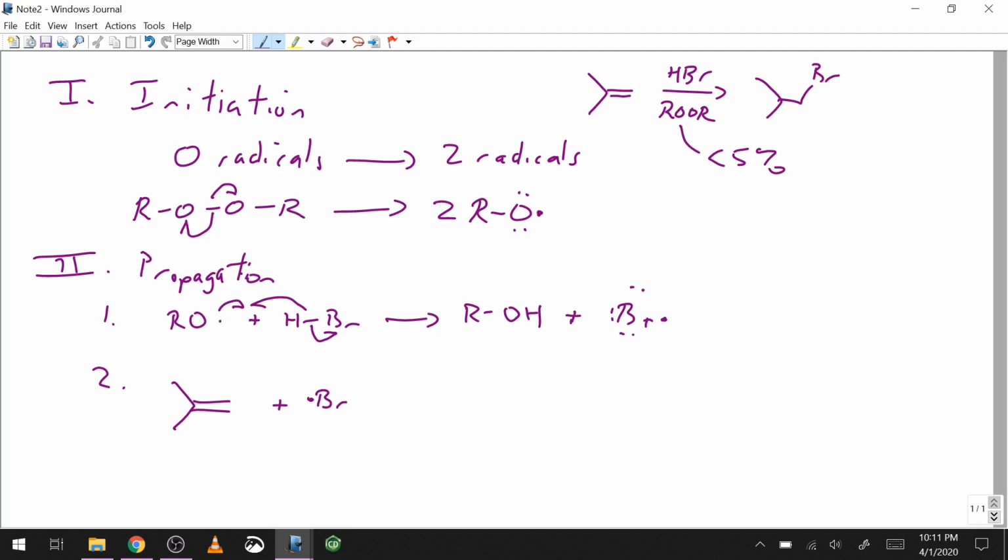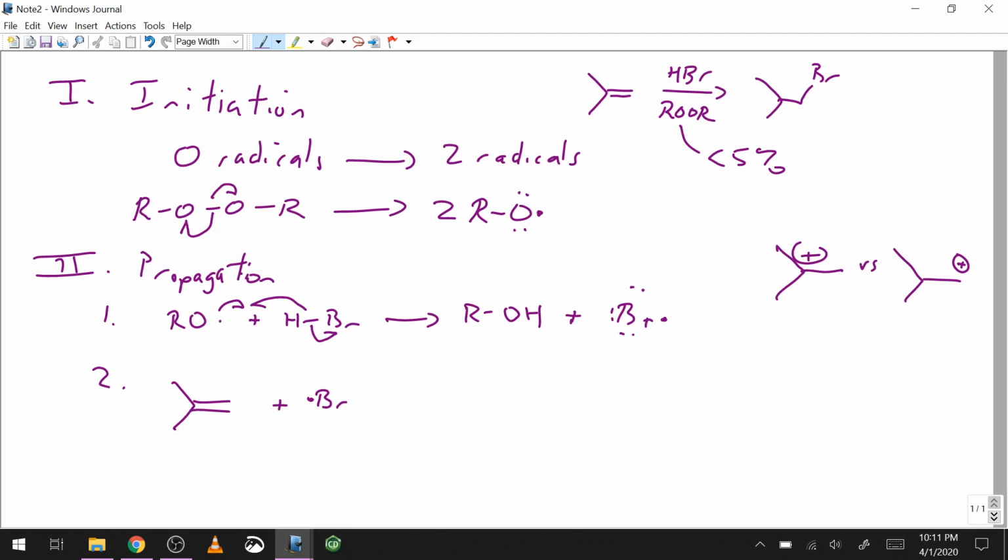My cation question, when I showed this reaction without peroxides in the first video on reactions, was I had this possibility versus this one. And the answer was, this is our more stable cation on the left, where I've got the more substituted cation that's stabilized. The question here is going to be, what's a radical look like?